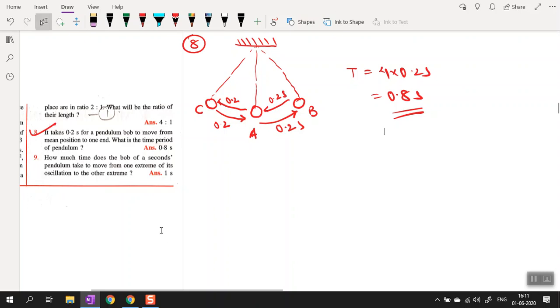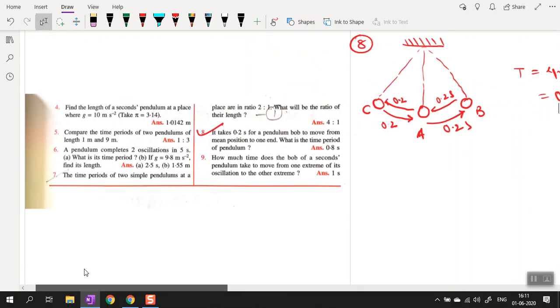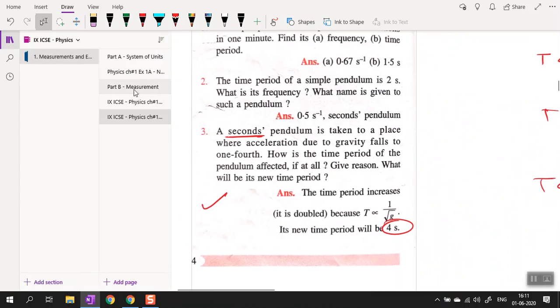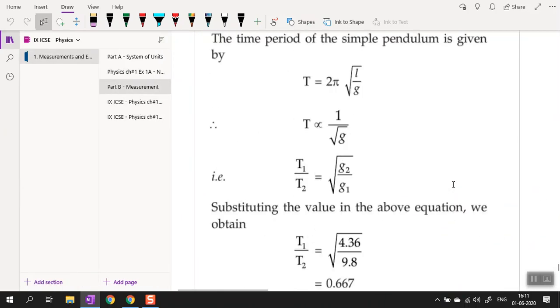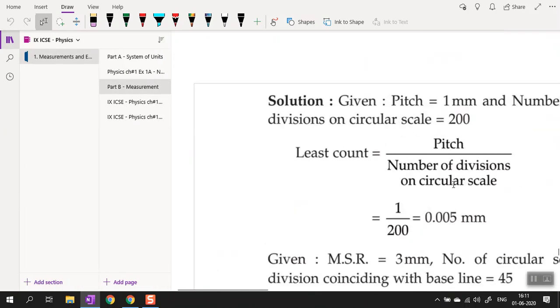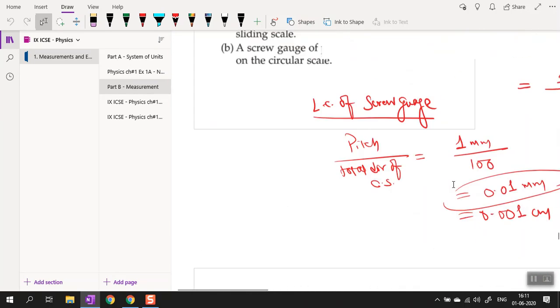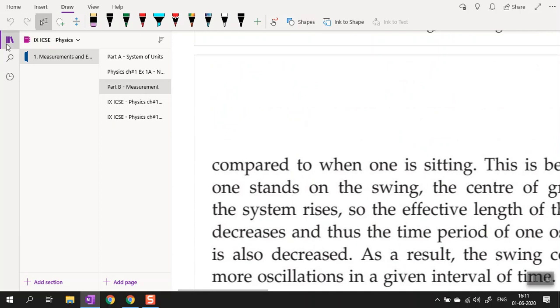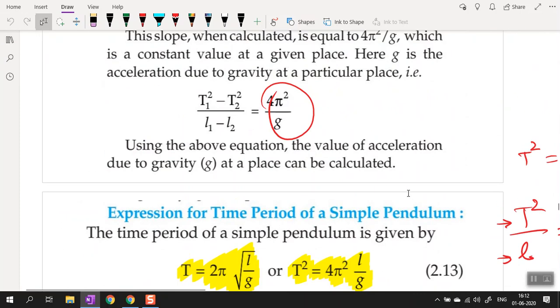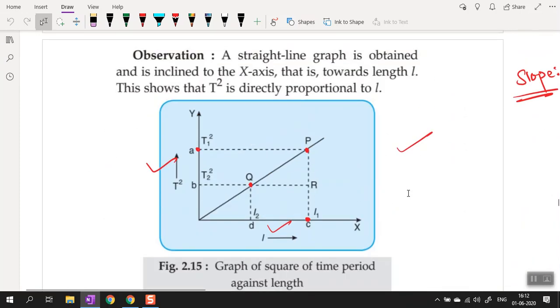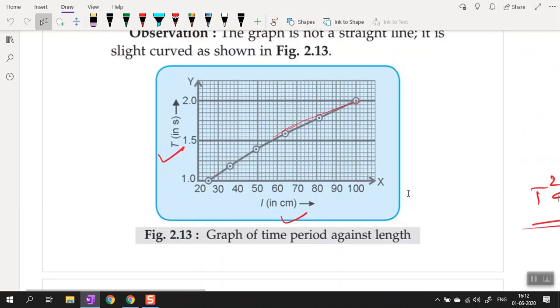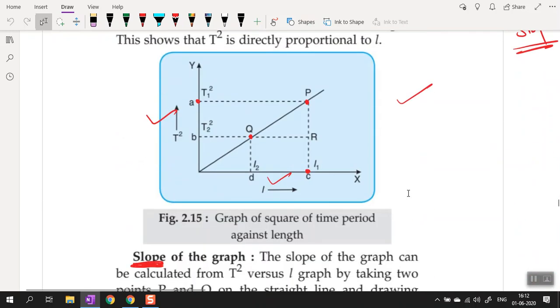So these are all the doubts. There was one more doubt in a theoretical question somebody asked me. For that, I'd like to open that part B, where I would like to show. Yes, this one.